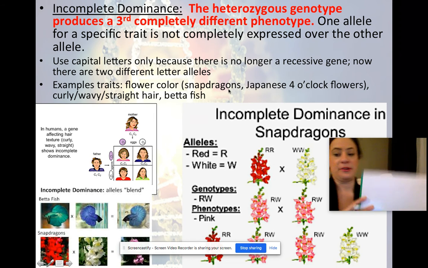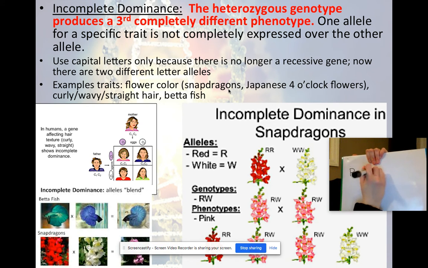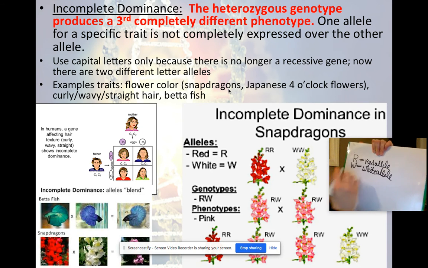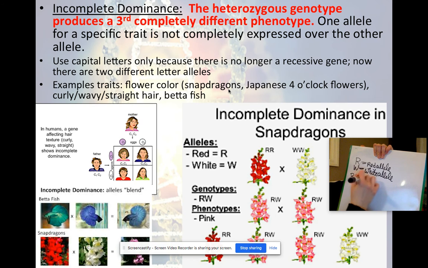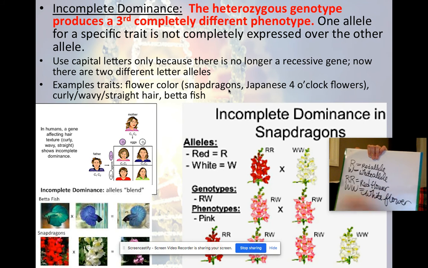And we use capital letters here. Let's say that R is for the red allele and W is for the white allele. If there are two capital R's, that would be a red flower. If there are two capital W's, that would be a white flower.